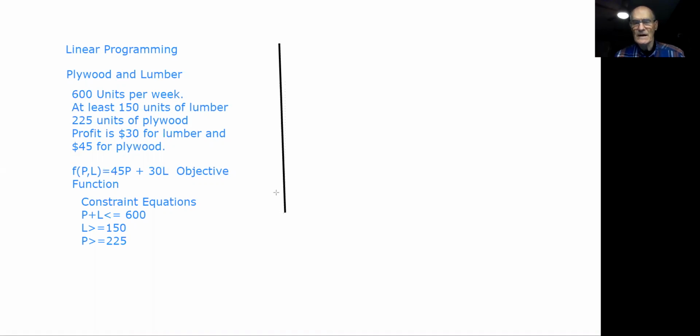There's my y-axis and here's my x-axis. Since I am talking P and L, I will make my x-axis the P-axis and my y-axis the L-axis.